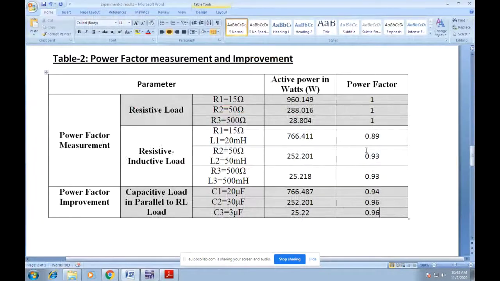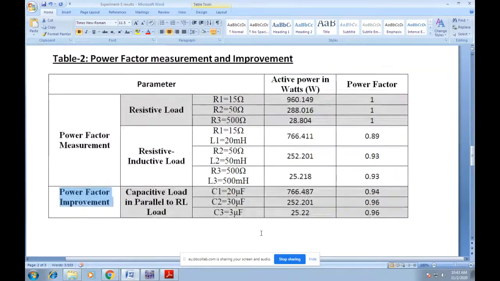Now you can observe that previously the power factor was 89 and it has been improved. There is not much difference in the power. The power is 766, the same. The power is 252, similar. The power is 25, similar. We have only made an improvement in the power factor by adding a capacitor in parallel with the RL load. Understand how we have measured the power and how we have improved the power factor.